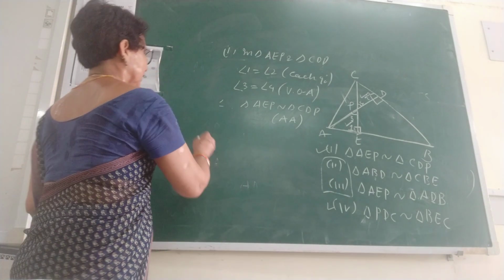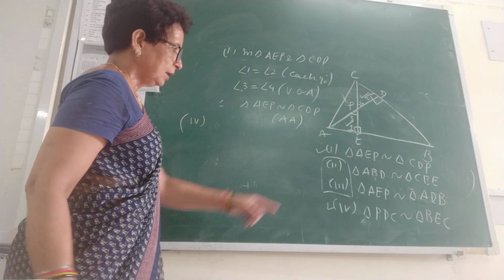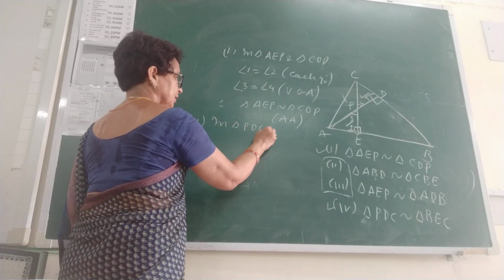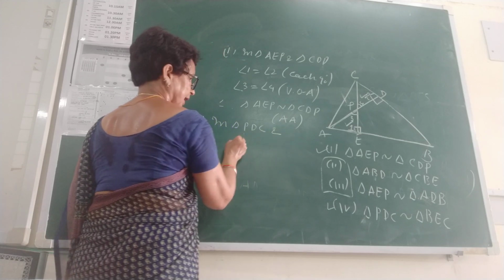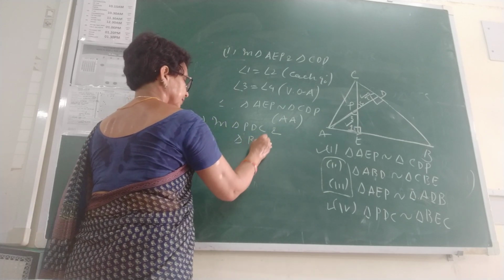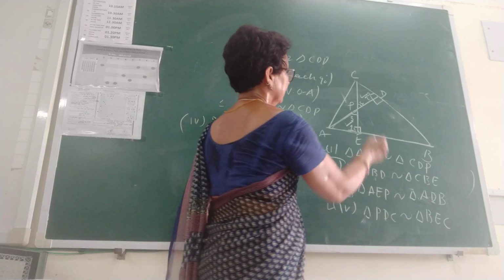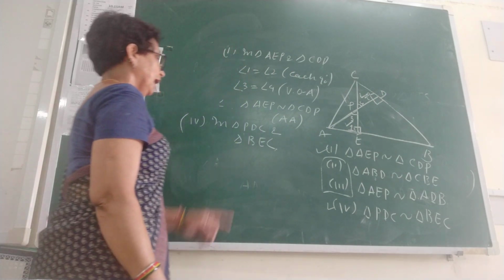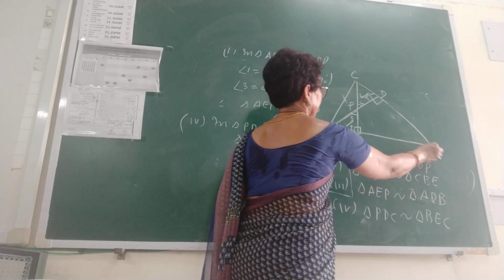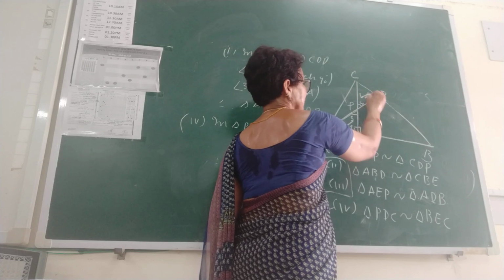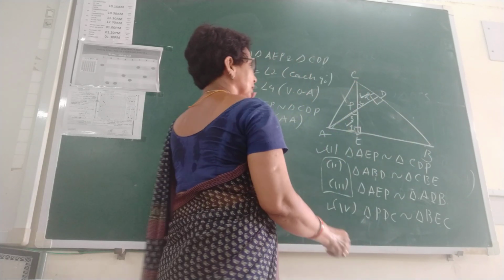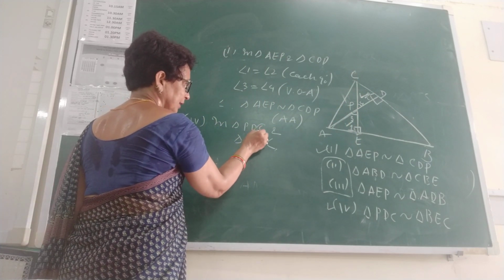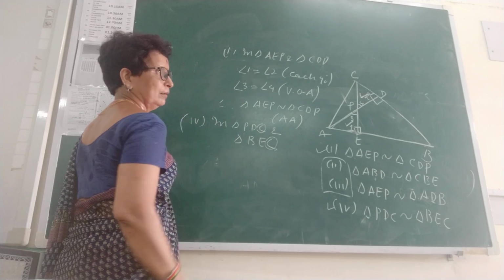Now, the fourth one I take. In triangle PDC and triangle BEC, PDC and BEC. Got it? One thing we are finding is that angle C is common.